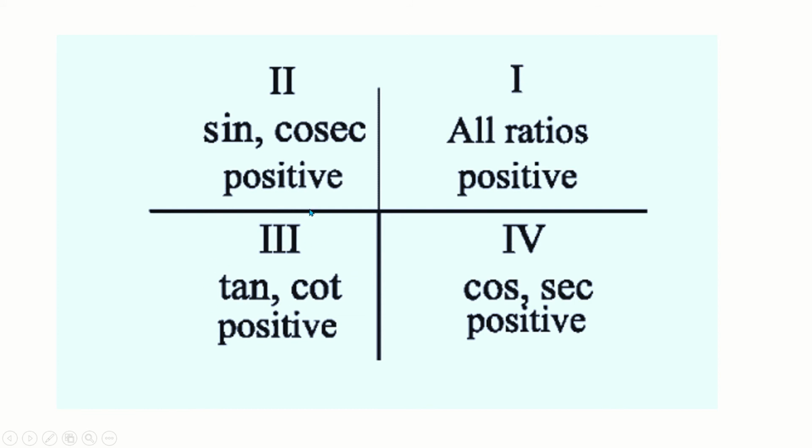But the others, sine, as y is negative, negative by positive is negative, or positive by negative is also negative. Also base is negative, so negative by positive, hypotenuse always positive, so base by hypotenuse is negative, or hypotenuse by base is negative.